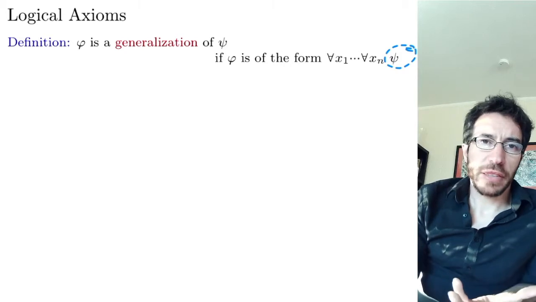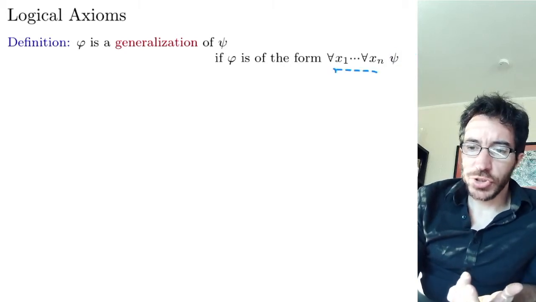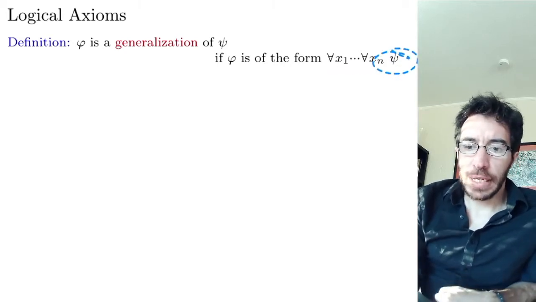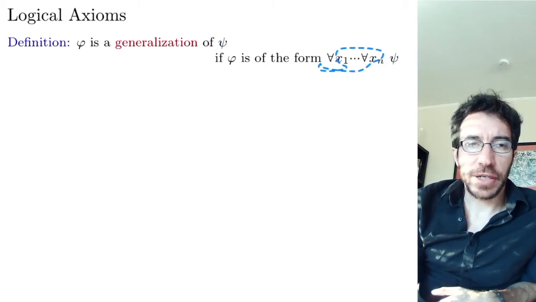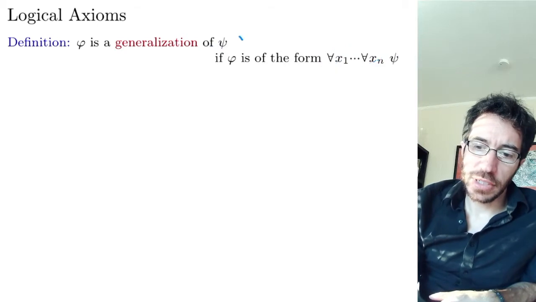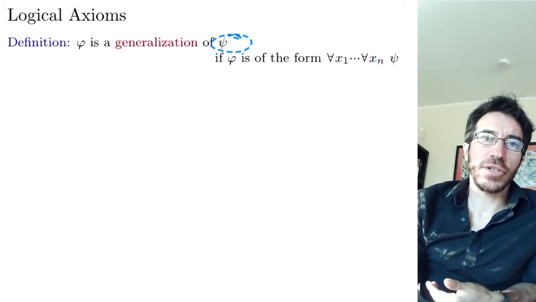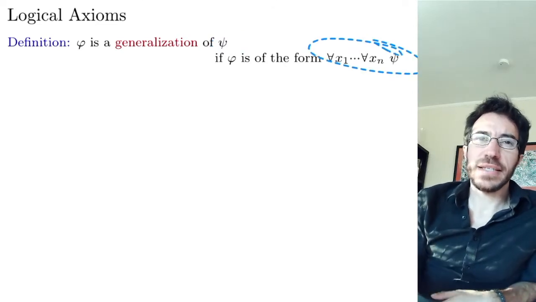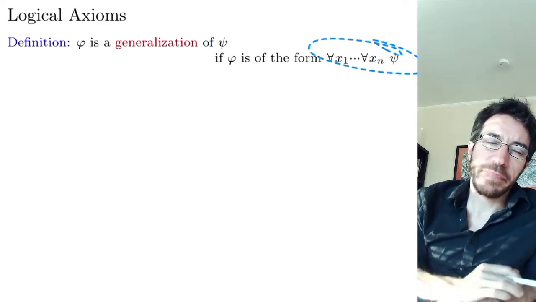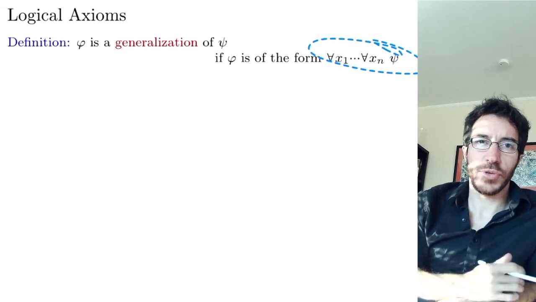You may think that these variables showed up inside here as free variables, and now they get bound by these quantifiers. The generalization means you just put for alls up front for all those free variables.